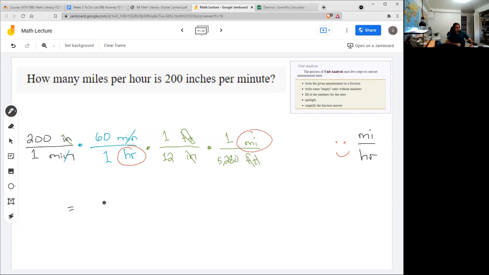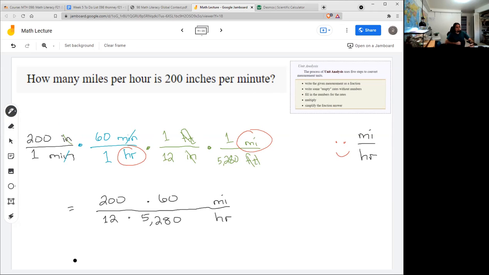Next, we multiply. On top, we have 200, we have 60 and some ones, and miles is left. It's a terrible line. And on the bottom, 1 times 1 times 12 times 5,280. Well, the ones I don't have to write. 12 times 5,280.